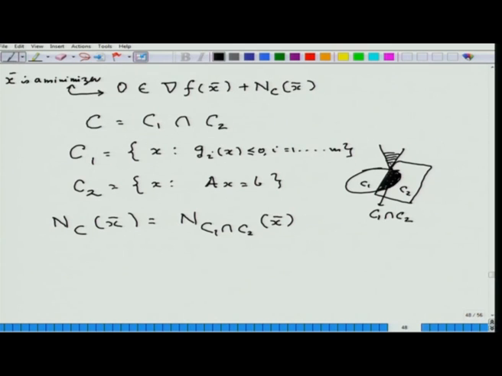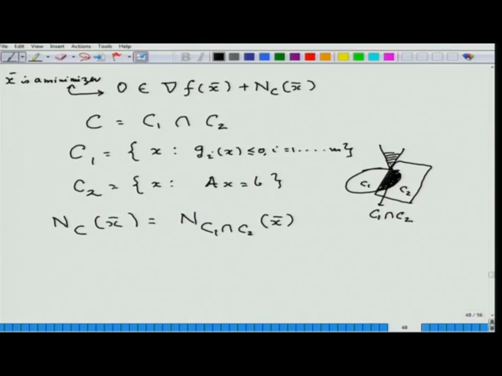You see here again this relation between the subdifferential of the indicator function and the normal cone, that the normal cone is nothing but the subdifferential of the indicator function, becomes very important. The indicator function of C1 intersection C2 is the same as the indicator function of C1 at x plus the indicator function of C2 at x.